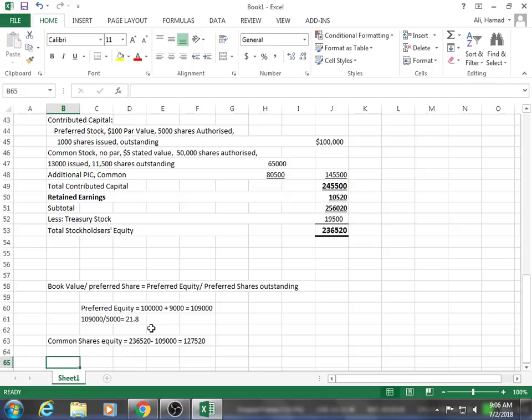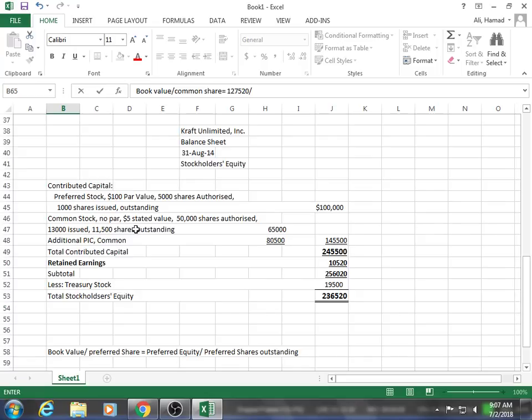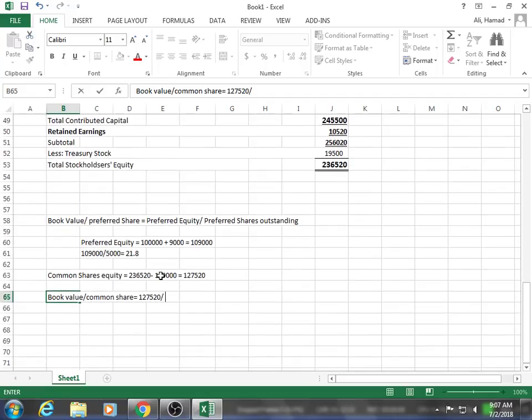So the equity per common share, the book value per common share, is equal to 127,520 divided by how many common shares outstanding? Not the money, the shares. 11,500.